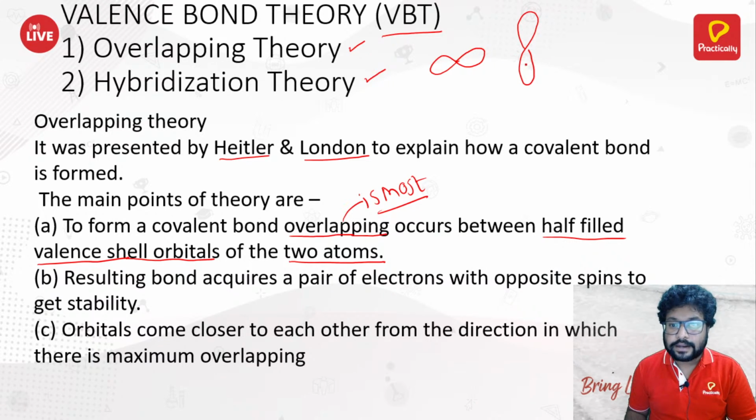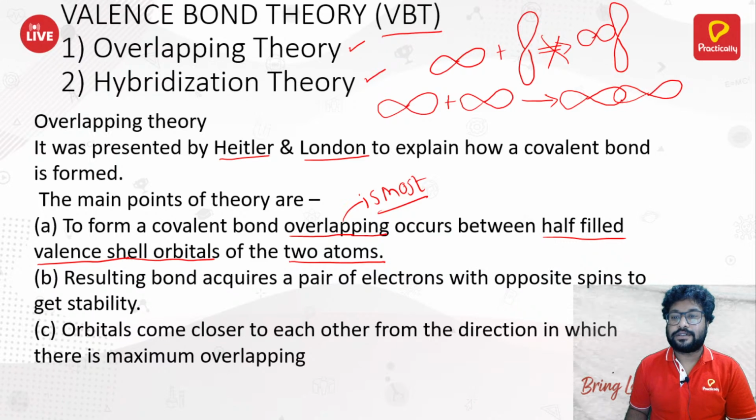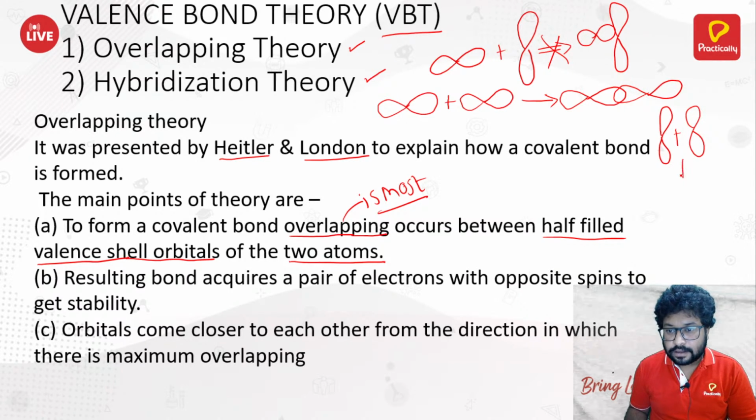These two orbitals will never come in the way I have shown, no, this will never happen. They will always come like this. This is one orbital plus another orbital, both of them come together and you get the orbital like this. They'll always come either in this way or like this.